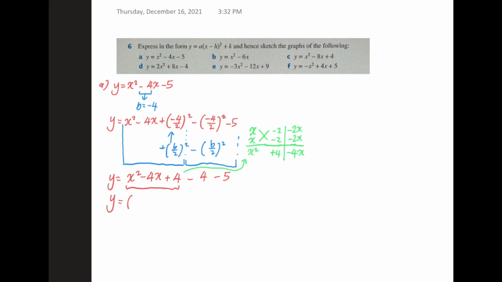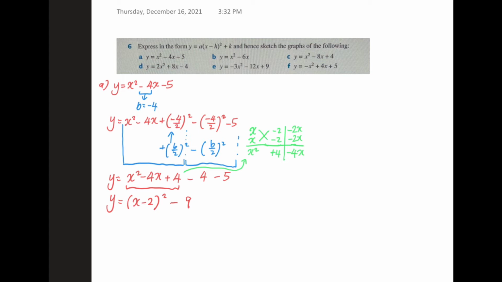If that is the case, now we can take x minus 2 and x minus 2 as the two same factors. So x minus 2 and x minus 2 means it is x minus 2 squared. So the first three terms become x minus 2 squared already. For the last two terms, minus 4 minus 5, that is minus 9. Okay, so we have done completing the square.